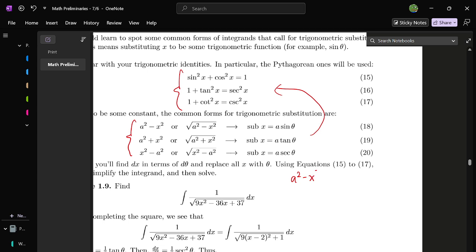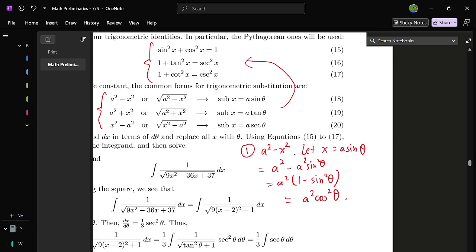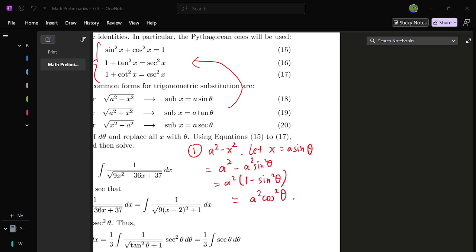Suppose you have a form a squared minus x squared. Let's say you let x equals a sine theta. Then this would be just equal to a squared minus a squared sine squared theta, which is a squared times 1 minus sine squared theta, which equals a squared cos squared theta. Now, the good thing about this is if your x is equal to a sine theta, then your dx is equal to a cosine theta d theta.